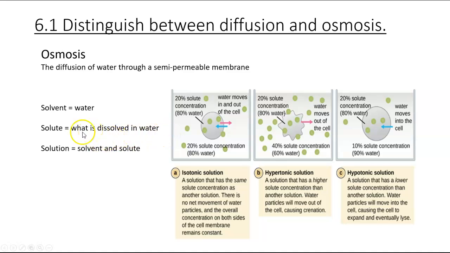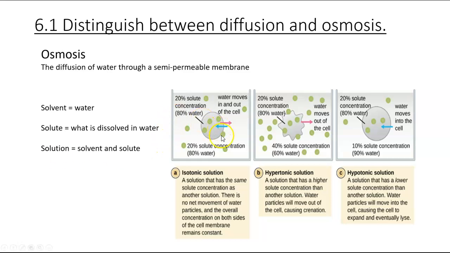Could be proteins, but anything that's dissolved in there. And when we have a solution, it's the solvent with the dissolved solute. So if I had salt water, the solvent would be water, the solute would be salt, and the solution would be salt water.